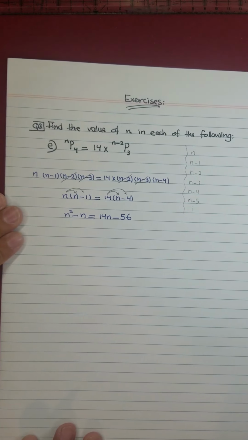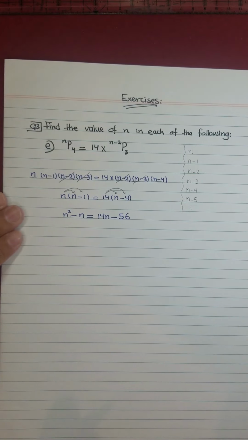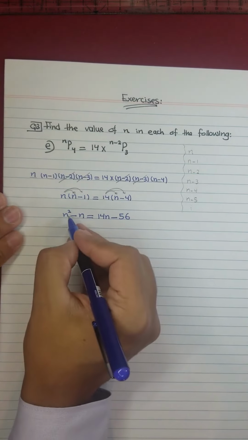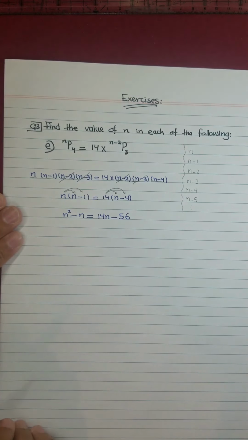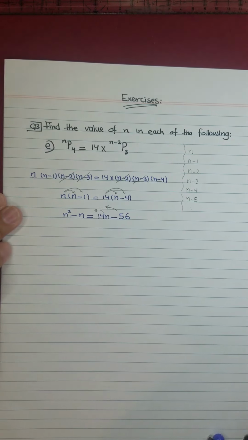This is good so far. Okay, now this is an equation, but this equation is quadratic, and to solve a quadratic equation we need to make it equal to 0. So we need to move these terms into the other side.